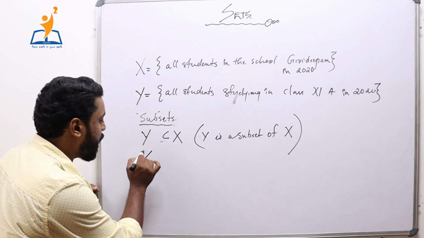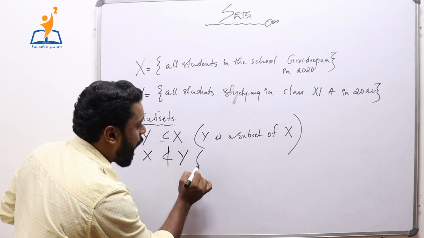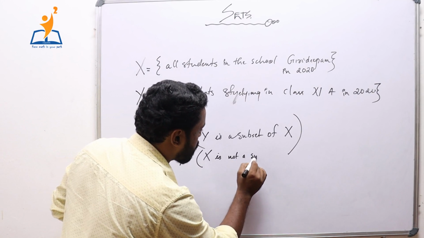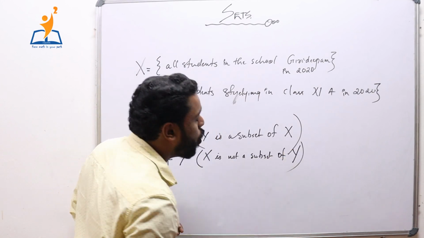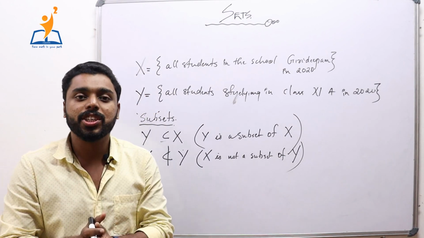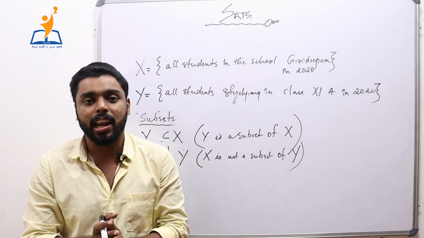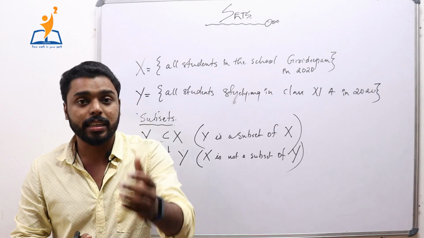Then we denote it as X is not a subset of Y, and read it as X is not a subset of the set Y. So now you remember that the only condition for a set to be a subset of another set is that all the elements or all the members in the set must be in the other set also.